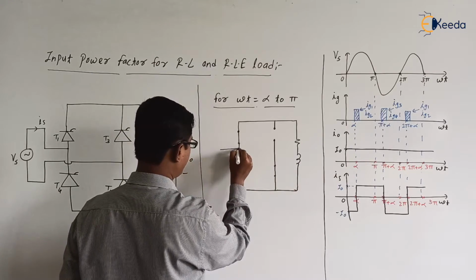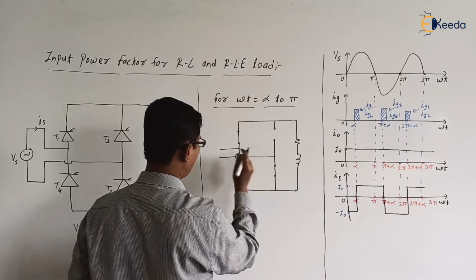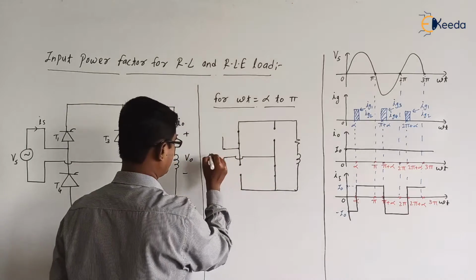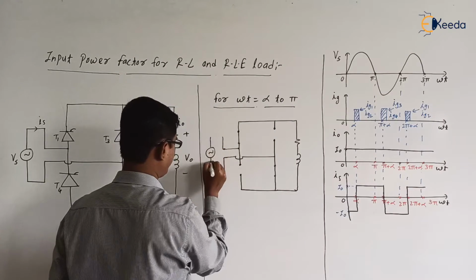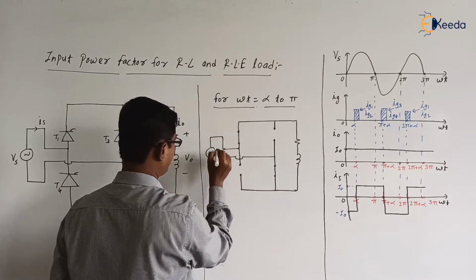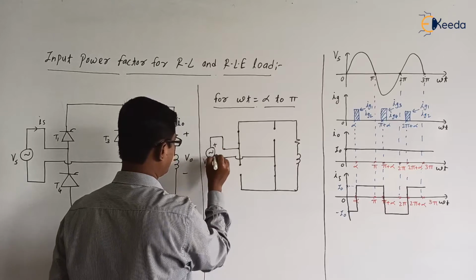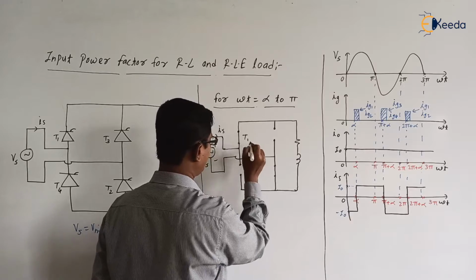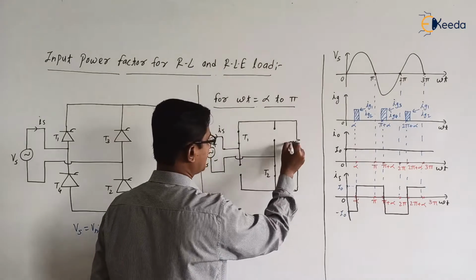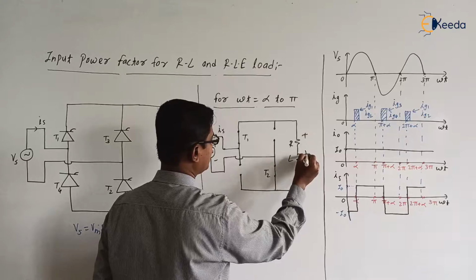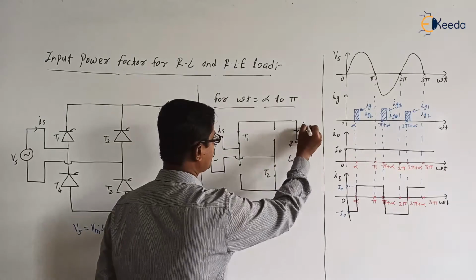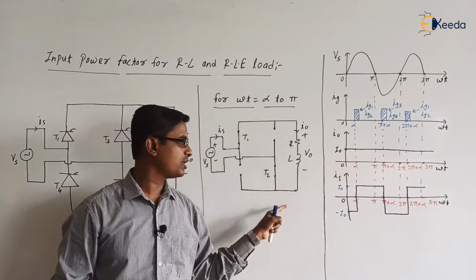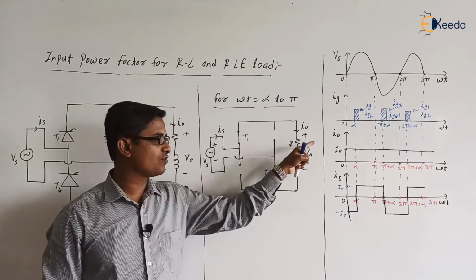Input voltage is Vs, and this current is Is. Next, T1 is in the on state, T2 is in the on state. So current will be flowing from Vs, T1, load, T2, and again back to Vs. Definitely I0 will be a constant current.